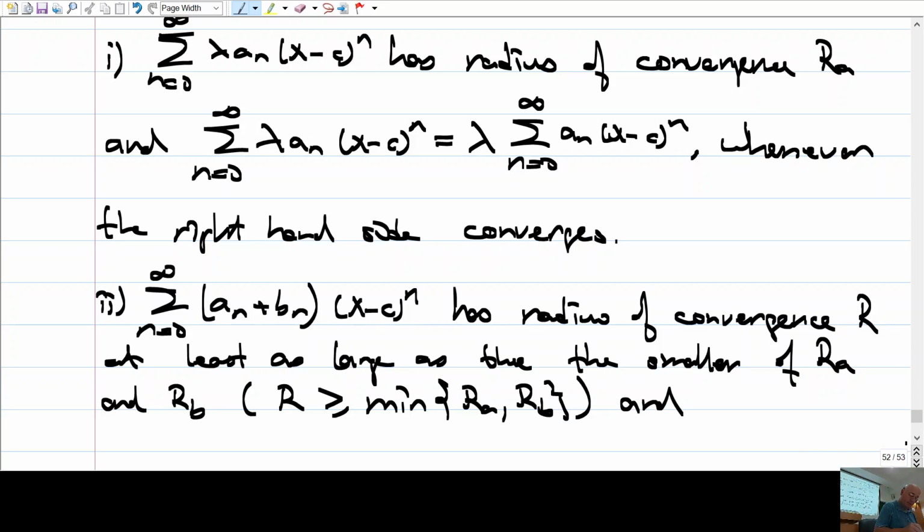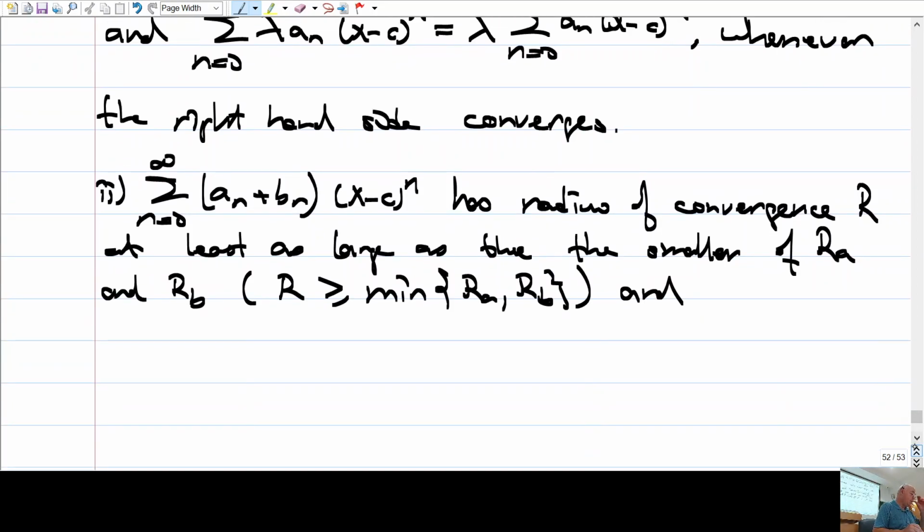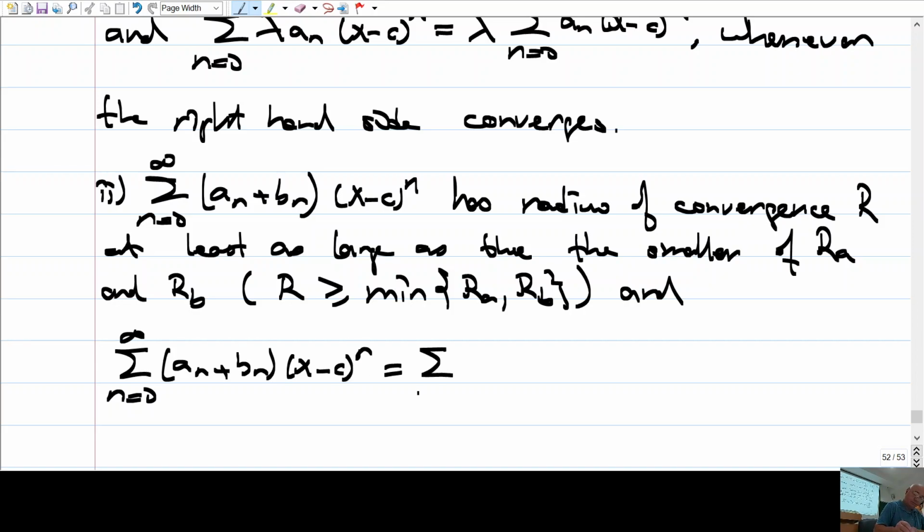And this power series is just equal to the first power series plus the second power series.